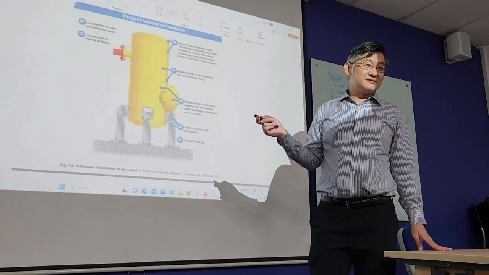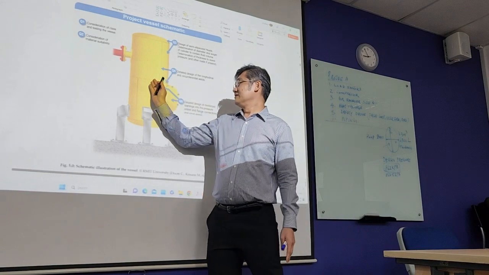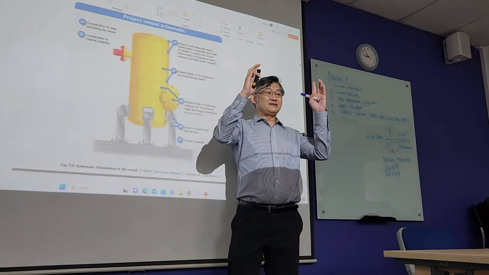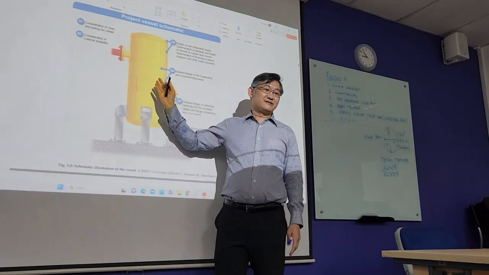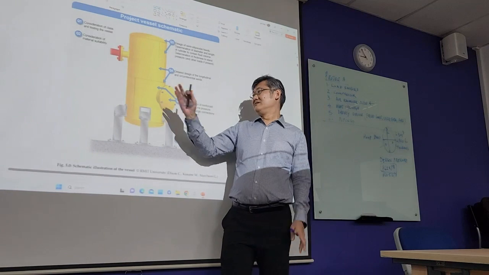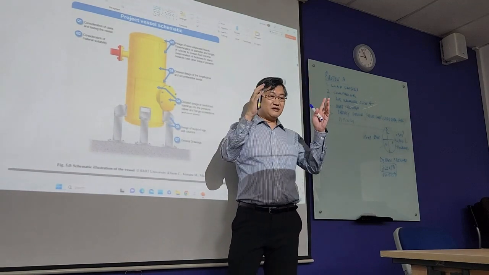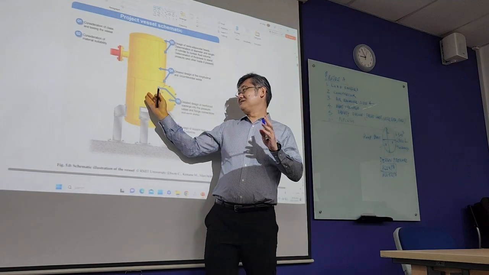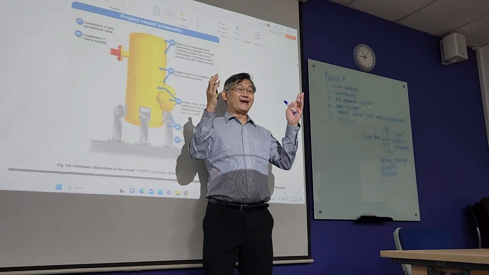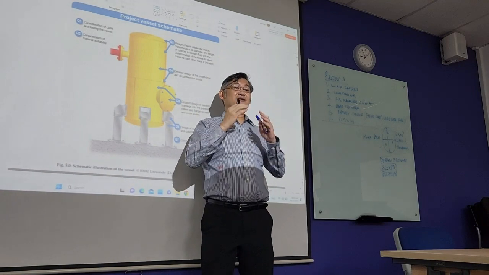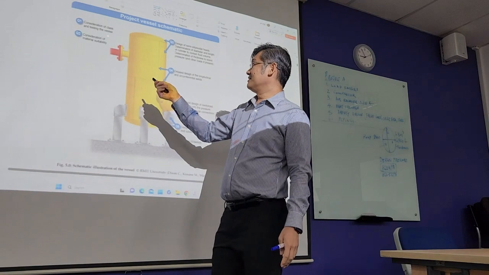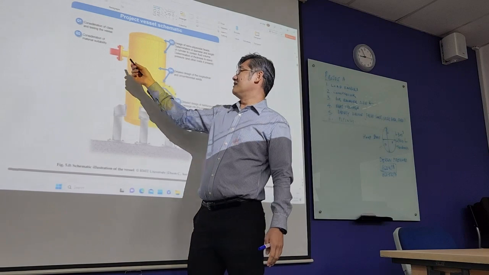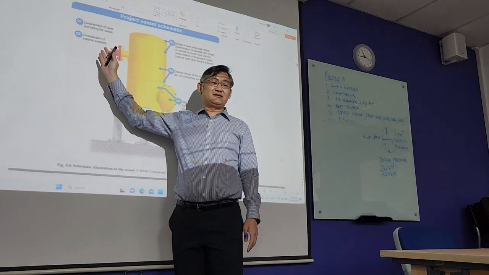My apologies, the graph is too small. The first question relates to testing of the vessel, which means the hydrostatic test. We want to check the integrity of the receiver, so we actually pump in water. Why? Because if this explodes, the water will not be as harmful as air, so it is safer. This is called testing the vessel using water, or hydrostatic test. We want to find out the pressure needed to perform the hydrostatic test.